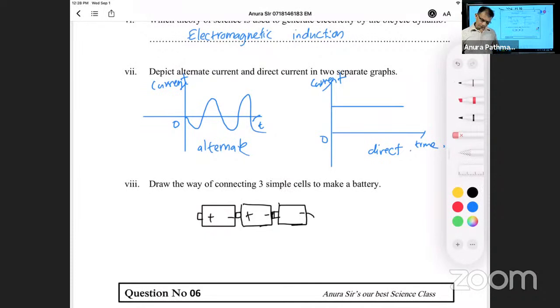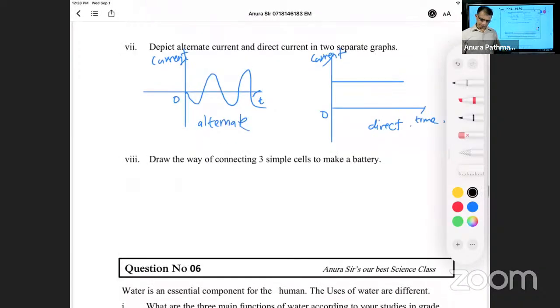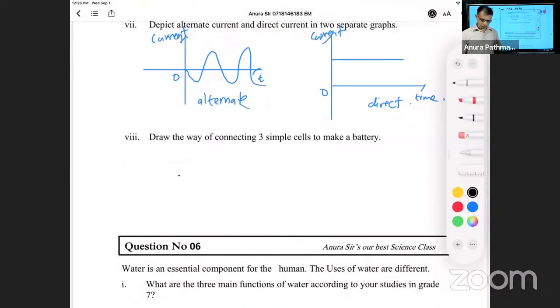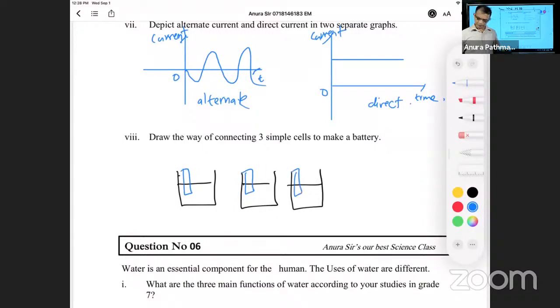Okay. Give me 1 second. We'll make the simple cells. Yes, sir. It's available. How can you make that? 1, 2, 3. Then you can have 1, 2, 3.